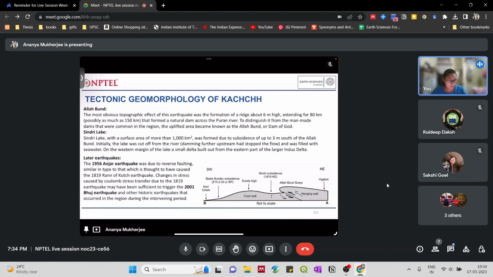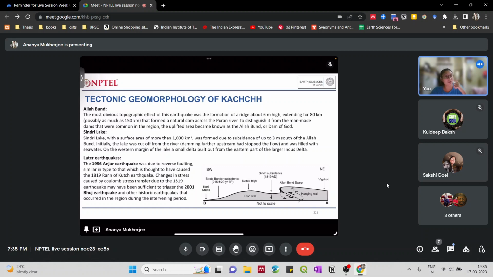So this was the area that got subsided, and this was the scarp that developed, and then this was the uplifted area. Okay, so this is how this kind of topographic variation happened because of the displacement along this fault.